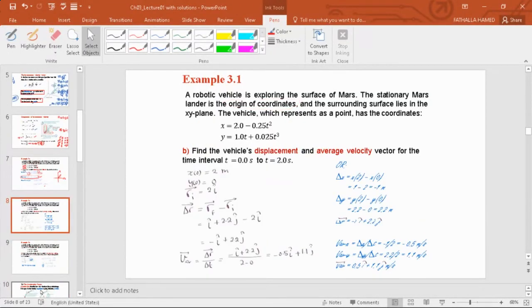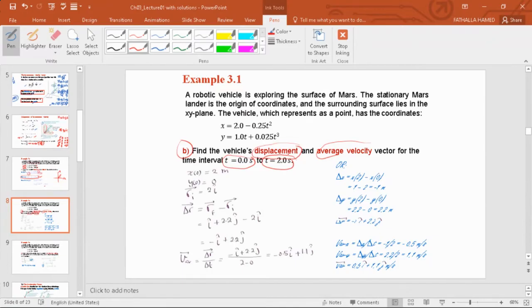The same example again, but in part B here, they ask you for the displacement, and right away you know that the displacement means between two different times, and the average velocity vector between t equal to 0 and t equal to 2 seconds.